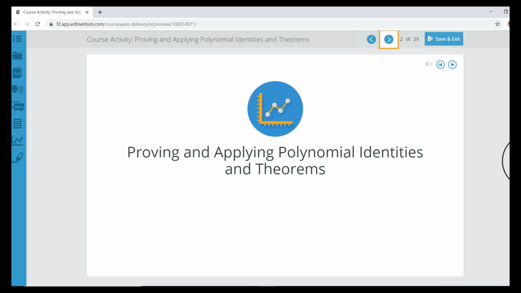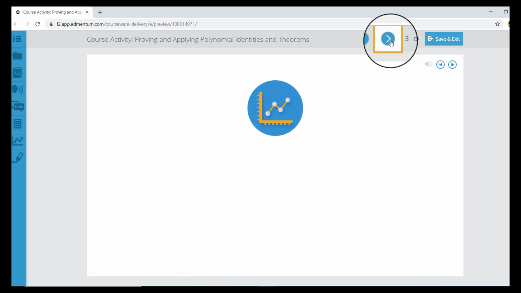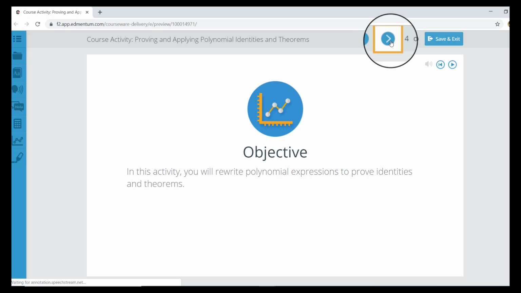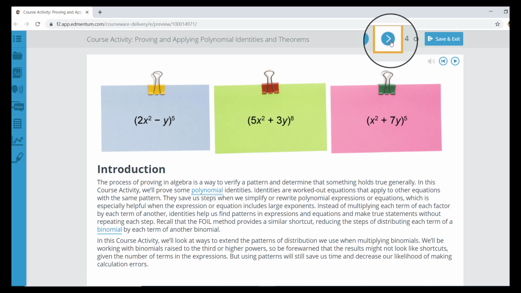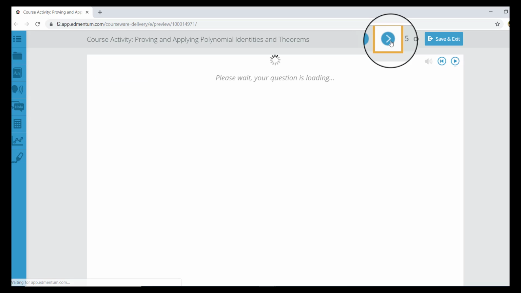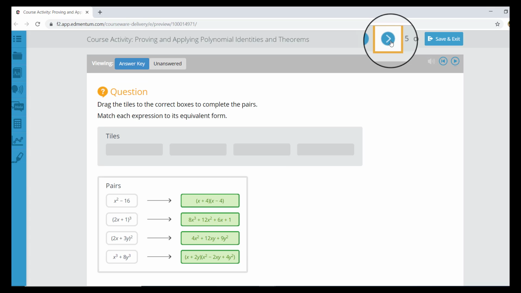Let's take a look at this course activity from Algebra 2, Semester A, Unit 2. Once again, we have this toolbox here on the left with the same tools available in the modules. We are given an objective, an introduction, and then we're given a series of questions that the students must answer.